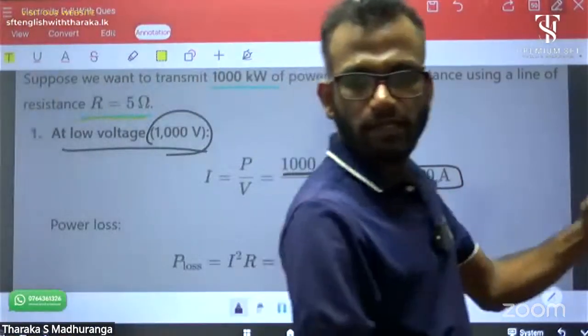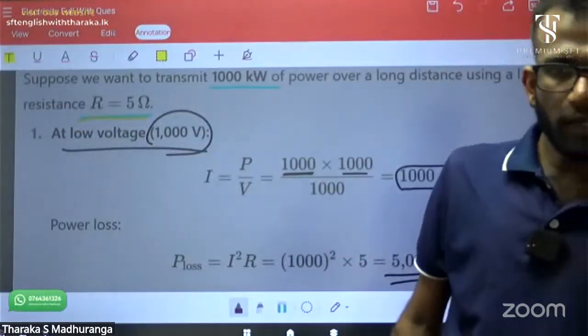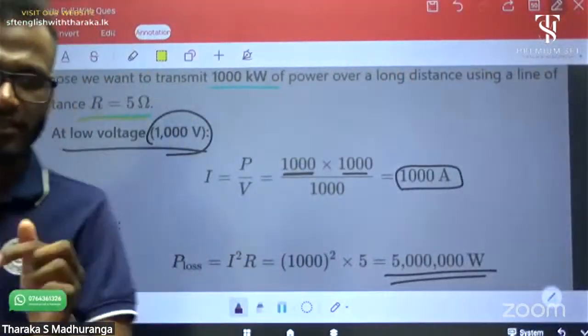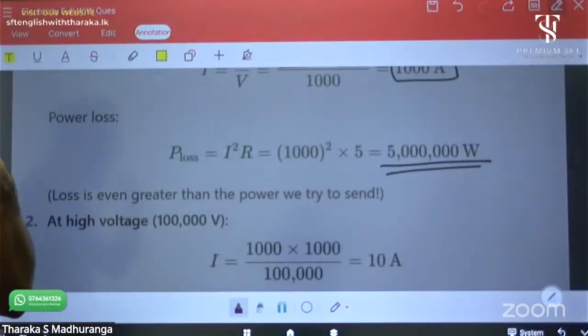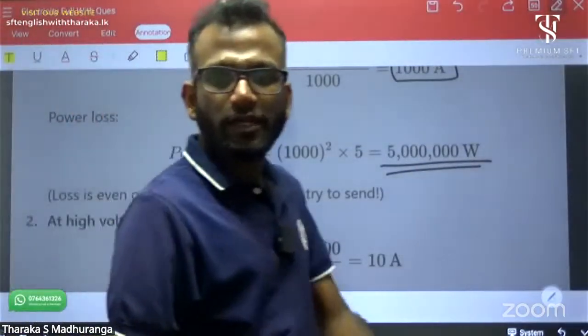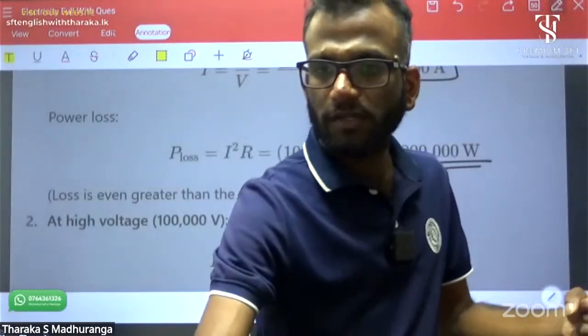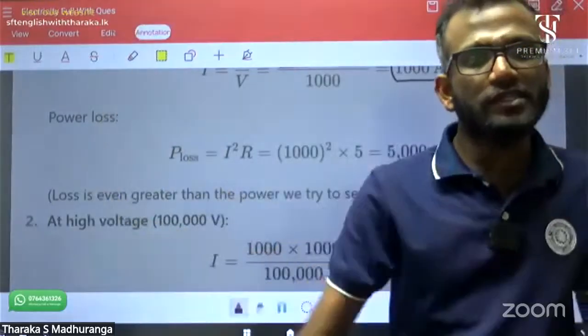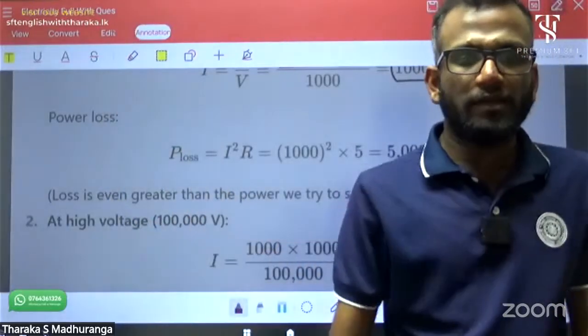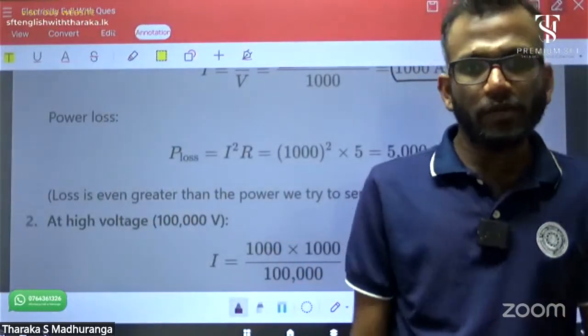Can you understand? Dehini, could you get this? I calculated using 1000 volt. Power loss is greater than the supply. Nothing remains. Did you get it, Habir? Fatima?